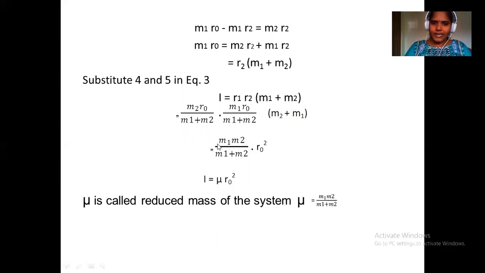One factor gets cancelled, and you get M1 M2 R0 square by M1 plus M2, where M1 M2 by M1 plus M2 is called the reduced mass, represented with the symbol mu. So I is equal to mu into R0 square. This is the inertia of the molecule.